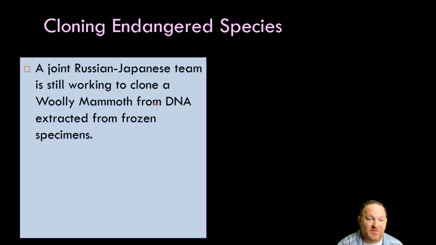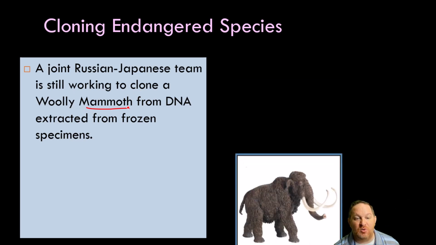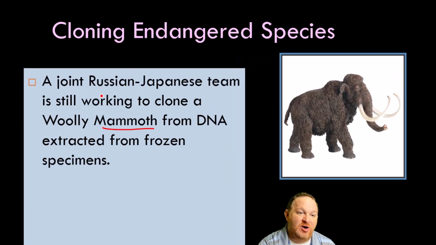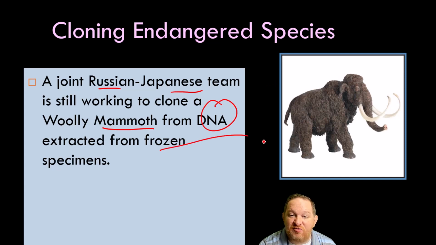One of the species that has actually become extinct was the woolly mammoth. In fact, there has been a joint Russian-Japanese team, and as far as I know they're still working on it, trying to extract enough DNA from frozen specimens that we have found.